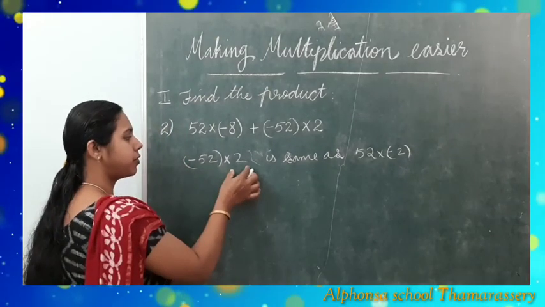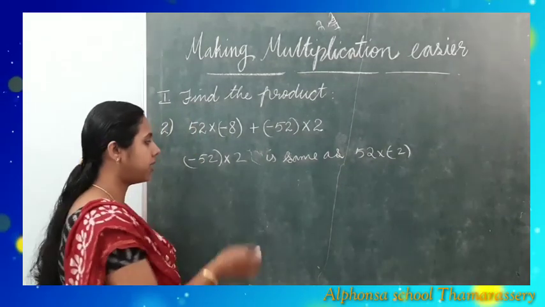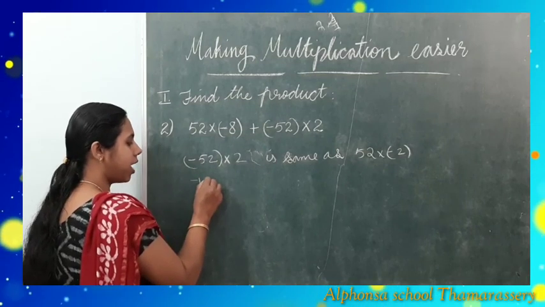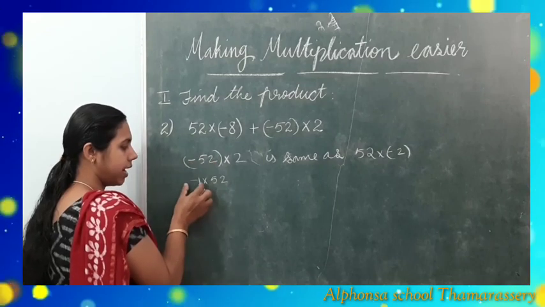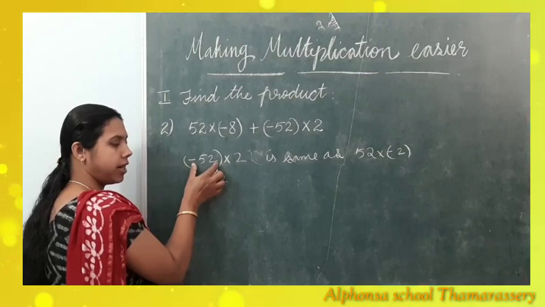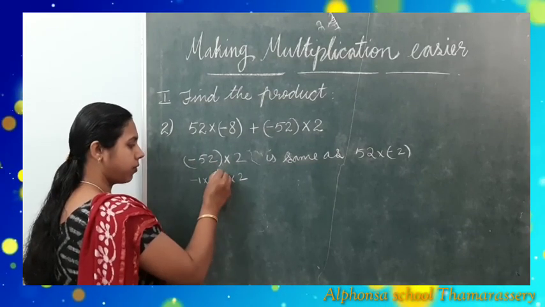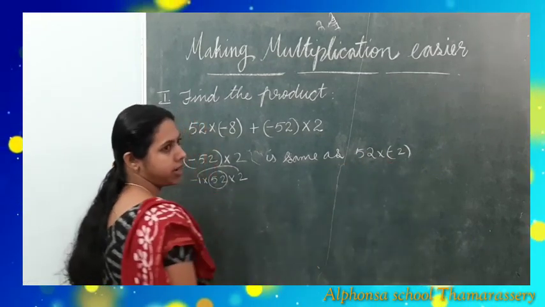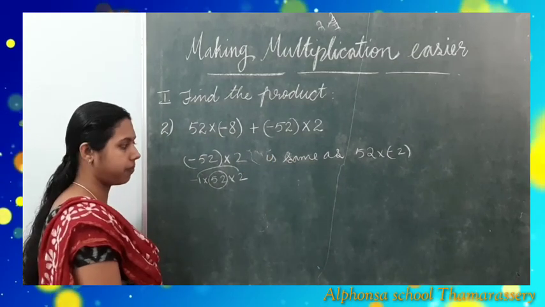Minus 52 means negative 1 into 52. Negative 1 into 52 is negative 52, into 2. So we take this 52, multiply negative 1 and 2, and you will get 52 into minus 2. If you rearrange this, it will be the same.